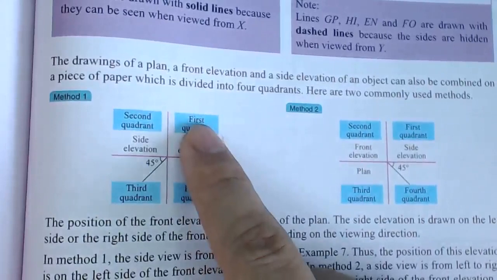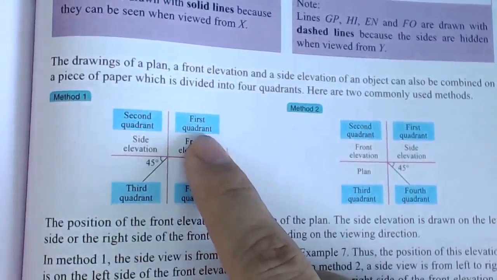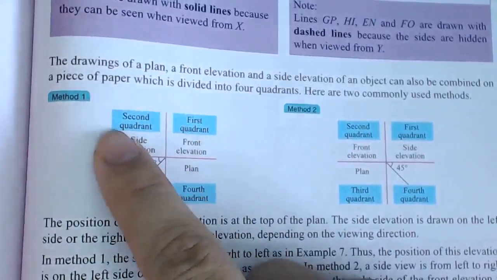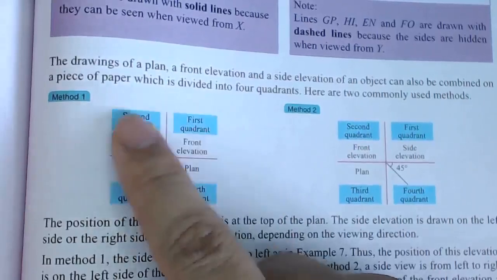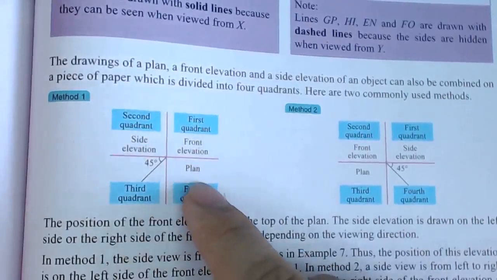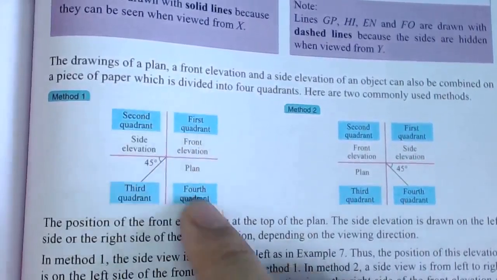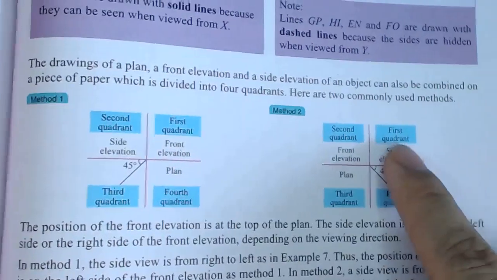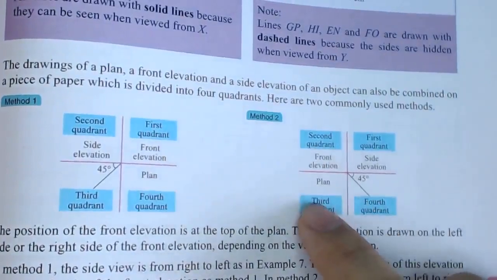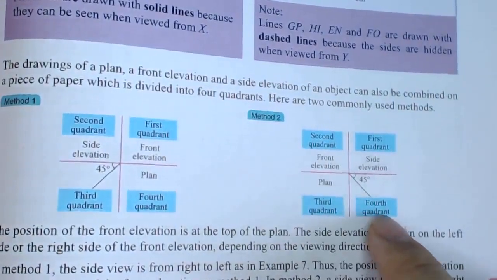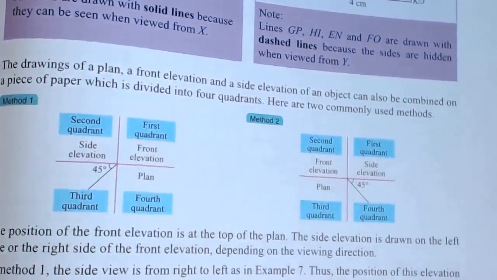You just remember this, this will always be first quadrant, and then you rotate anti-clockwise: first quadrant, second quadrant, third quadrant, fourth quadrant, and so does this: first, second, third, fourth quadrant.